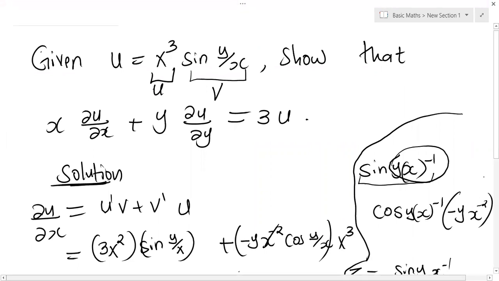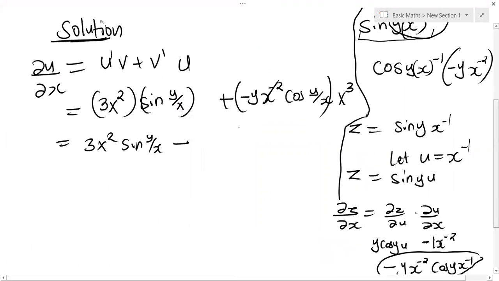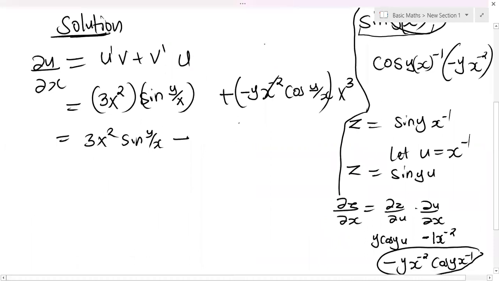So simplifying that, we cancel this out, so we have minus y, and then we have x, because we have x raised to power minus 2 and x raised to 3. Using the laws of indices, putting the powers together gives x raised to power 1. And then for the cos, we have cos y over x.